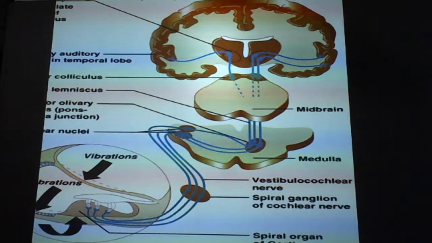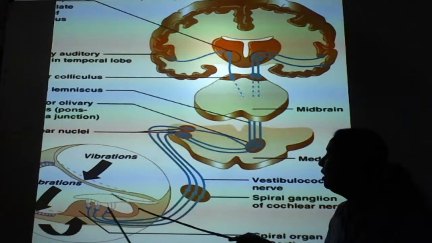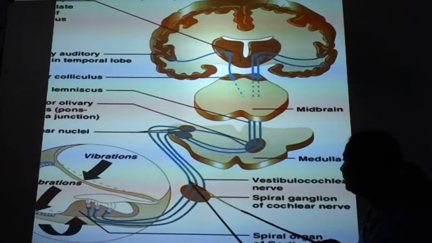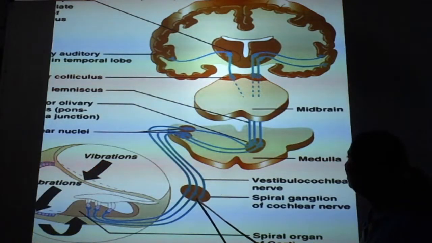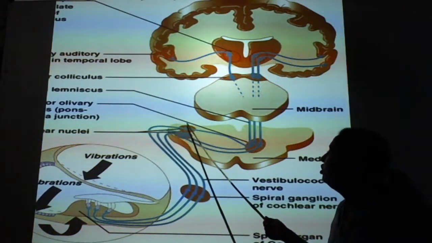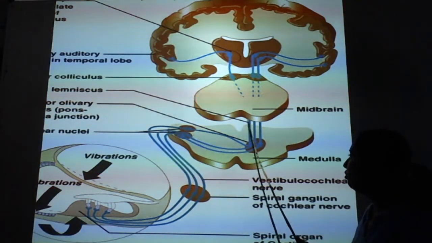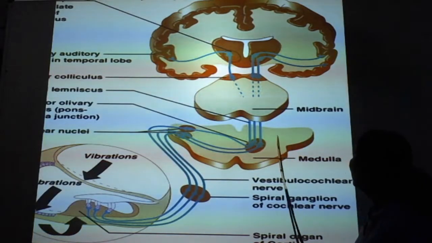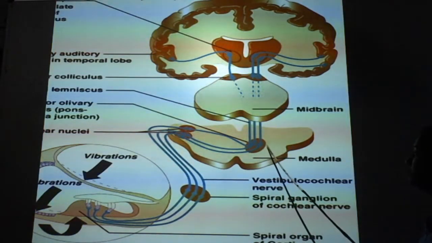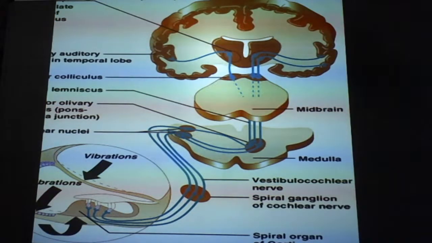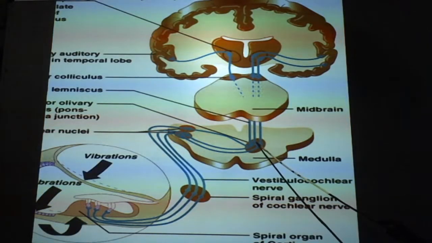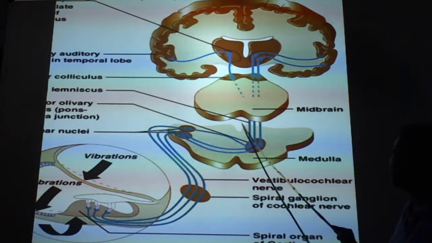So, understood the auditory pathway from the organ of Corti present in the internal ear. The fibers carry impulses and reach the spiral ganglia of the cochlear nerve. They further go to the dorsal and the ventral nuclei, which are present in the upper part of the medulla. Most of them cross over and decussate in the superior olivary nucleus, which is present in the upper part of the junction between pons and medulla, and then they form the lateral lemniscus.